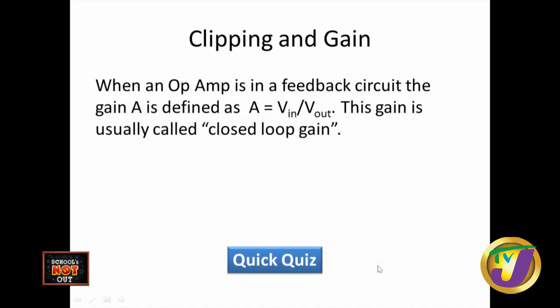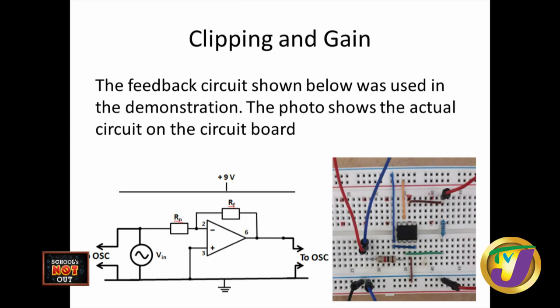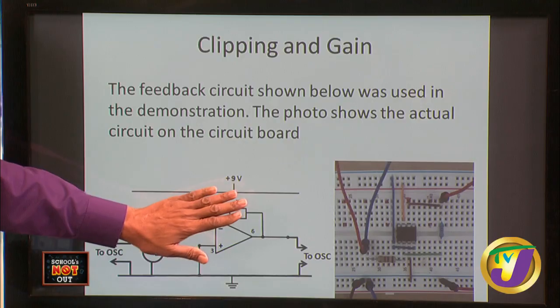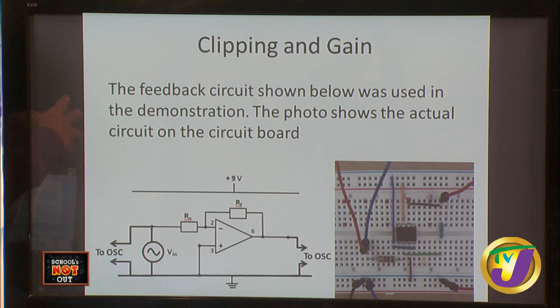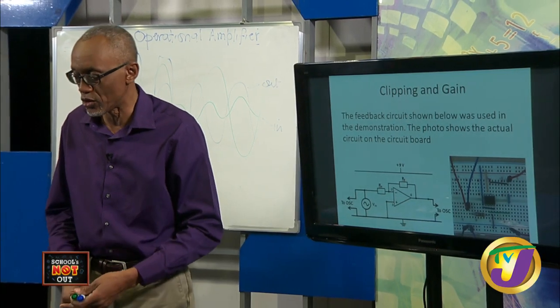Okay, and so the circuit that we used here is what is called a feedback circuit, because some of the output is fed back into the input. We will look a little more at that when we look at inverting amplifiers and so on.